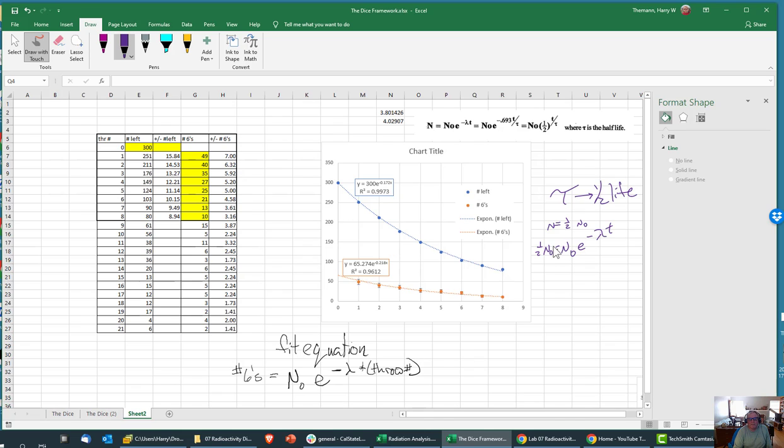Then we can see that the n sub zeros cancel out. And if we want to find a prediction for lambda, we can take the natural logarithm of both sides.